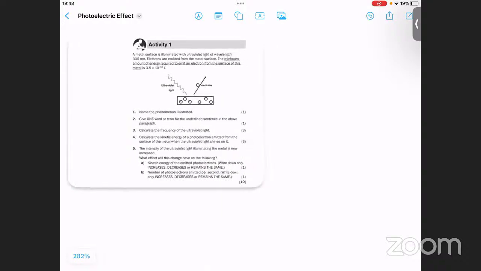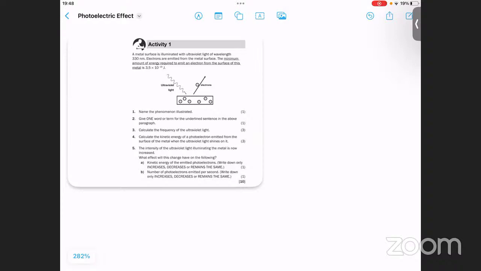Okay. Let us start with this one. They are saying a metal surface. When they say a metal surface, you can just always think about a solar panel. It makes it very much easier when you think of a solar panel.